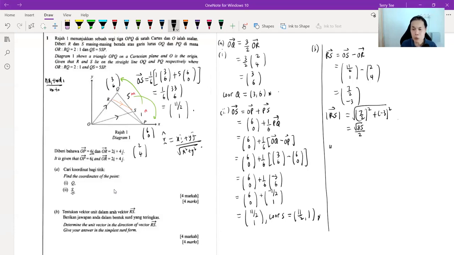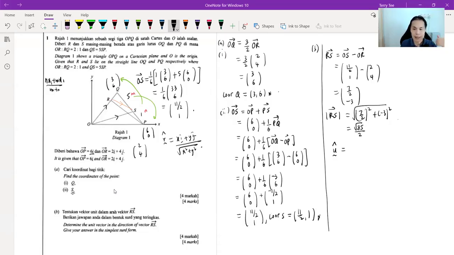Now, your unit vector. Normally we don't put RS with a cap. This is not the notation. It's okay to just call it vector U, unit vector, with a cap here. This is the notation for unit vector. We take the vector, divide by its magnitude.